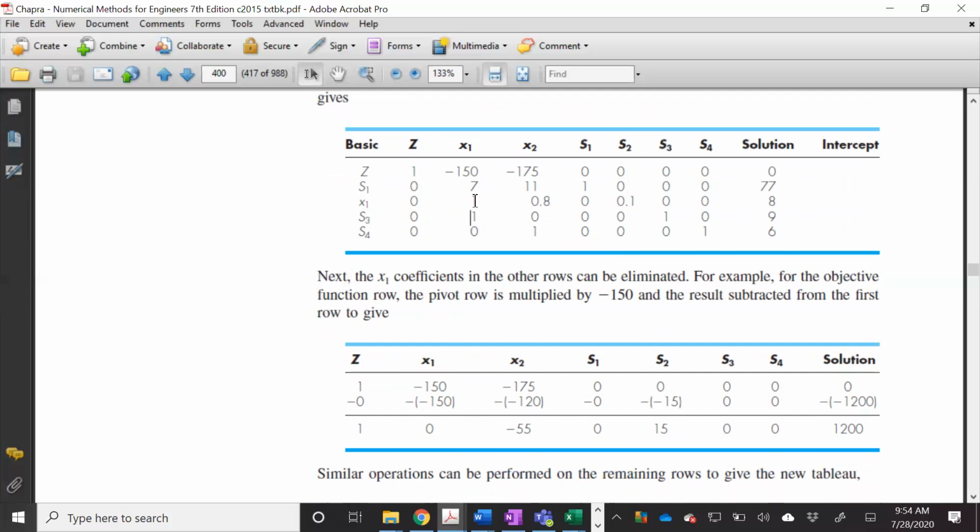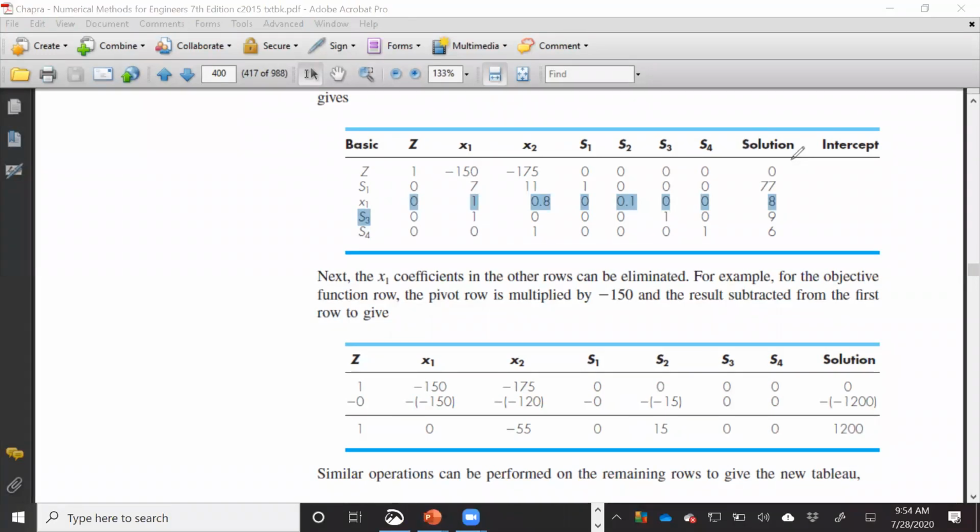So this is your main reference equations. Now, in order to eliminate the value of -157, plus 150 times R3, in order to get the 0. And here is R2.